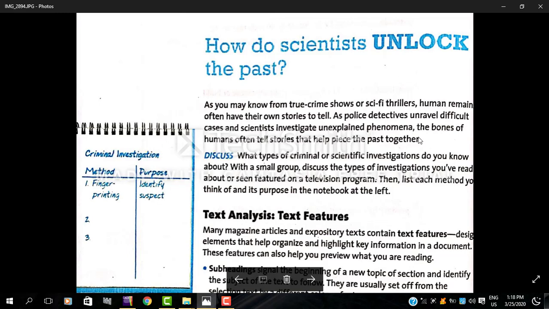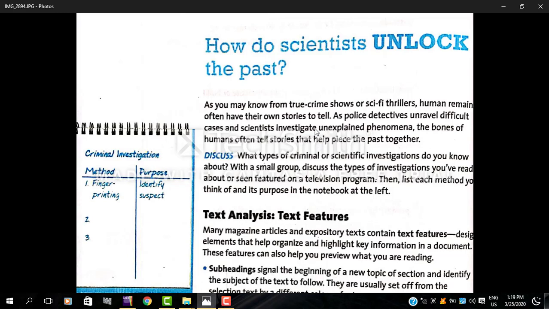Unravel means they try to solve the difficult cases, difficult crimes or problems. They are trying to find a solution to unexplained phenomena. Phenomena means events. Unexplained means having no known reason why. The police don't know why this happened. The bones of humans often tell stories too. Bones of humans, and this tells us what we are going to read about.